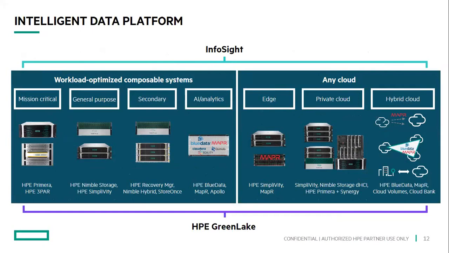These are the storage products which we strongly recommend for specific workloads. For example, if your workload is mission critical, then we recommend going with HPE 3PAR or HPE Primera.